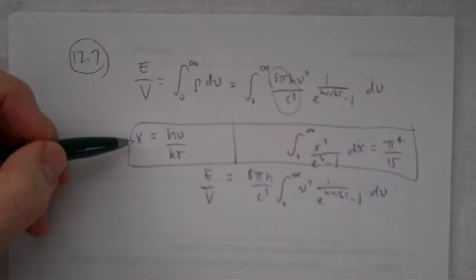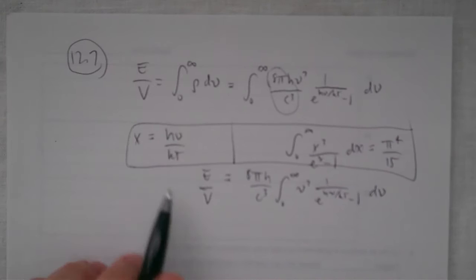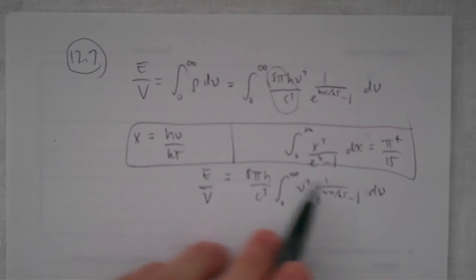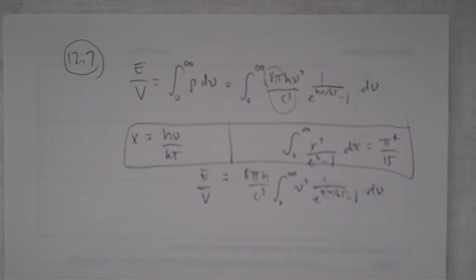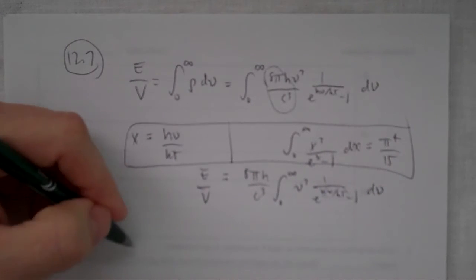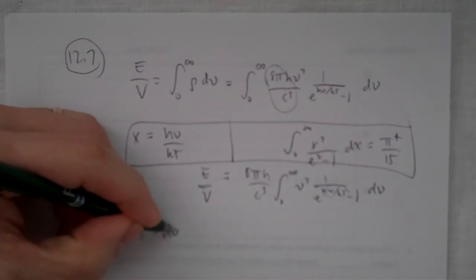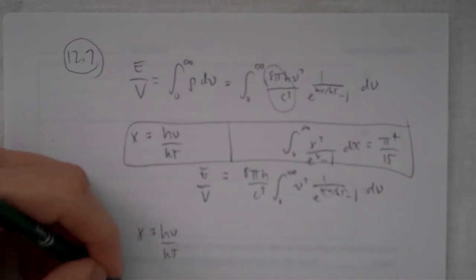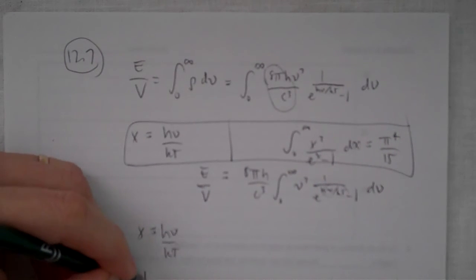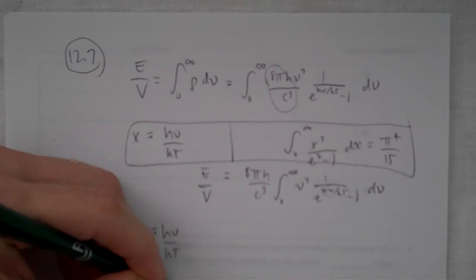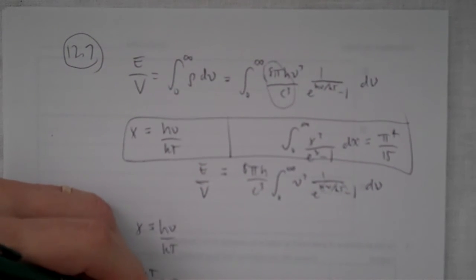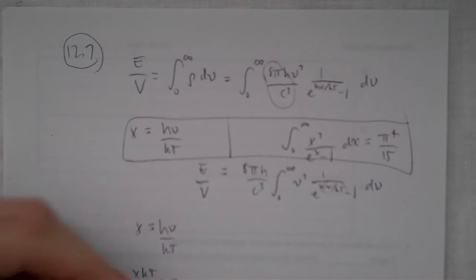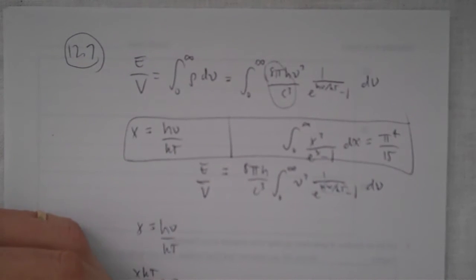All right, if I'm going to do a substitution of that and that, I can see that that is my x, boom. Okay, let's go ahead and do that right now. If x is equal to h nu over kT, then x kT over h is equal to nu. Dx, or rather d nu, is going to equal dx kT over h.